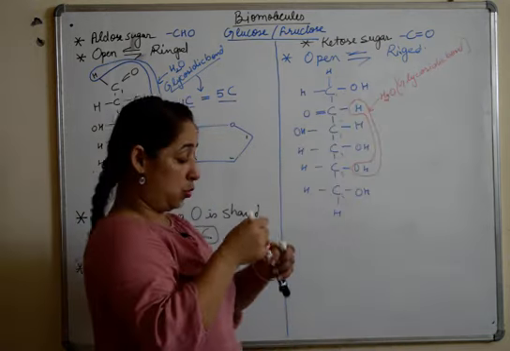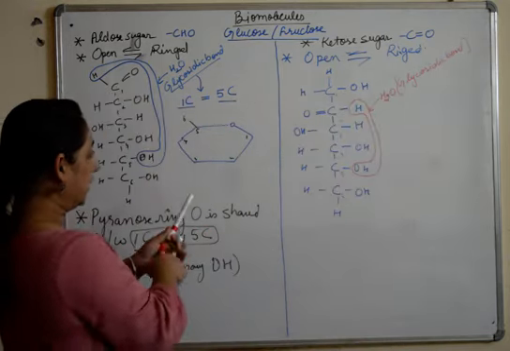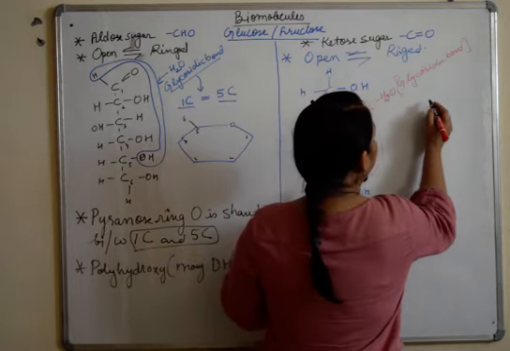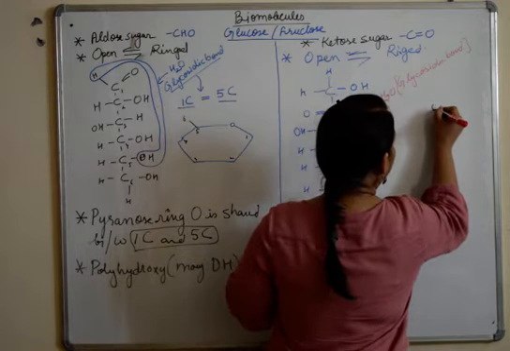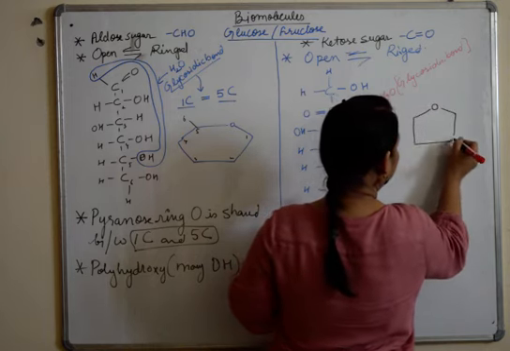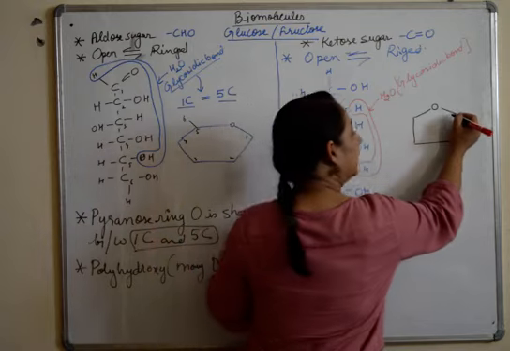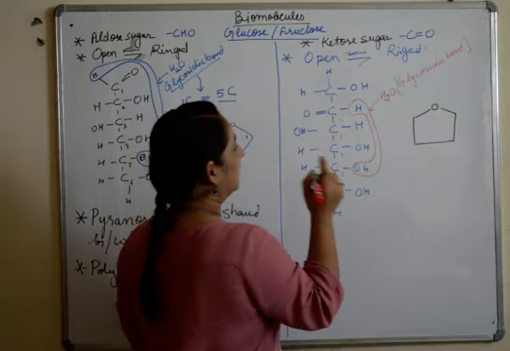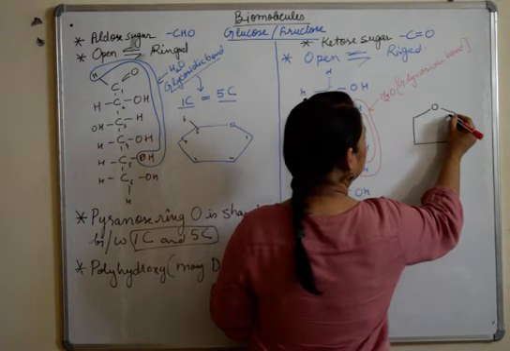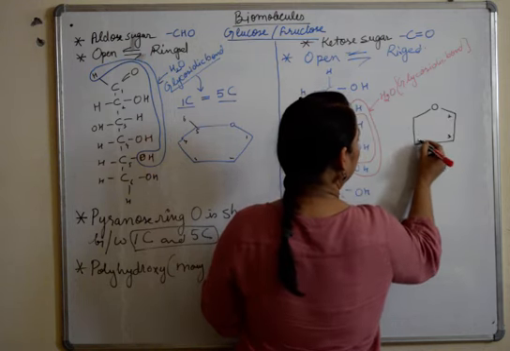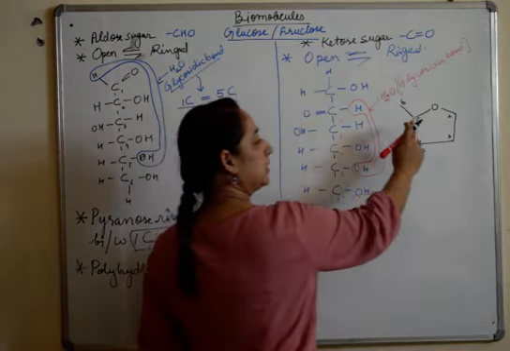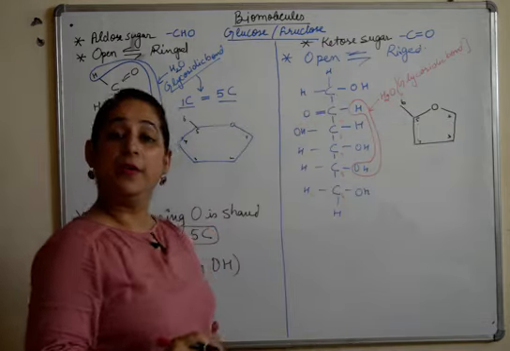Now what kind of ring is formed? We get a different type of ring wherein the bond is shared between the second and the fifth carbon. The second, third, fourth, fifth carbon, and this is the sixth carbon. So this is the bond sharing between the second and fifth carbon.